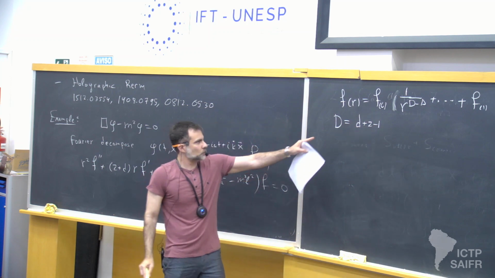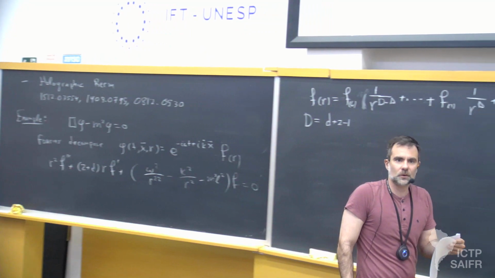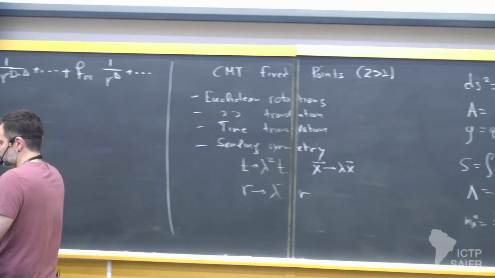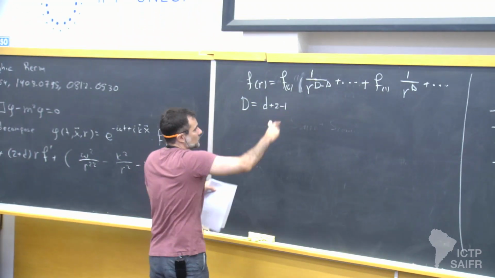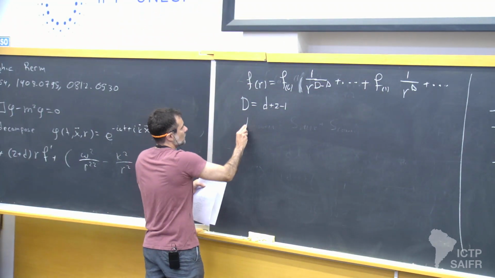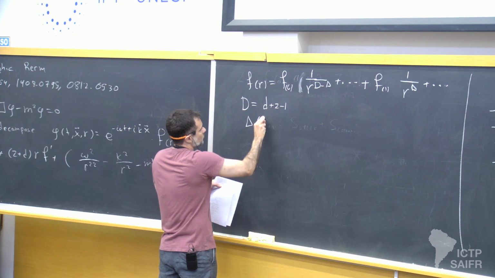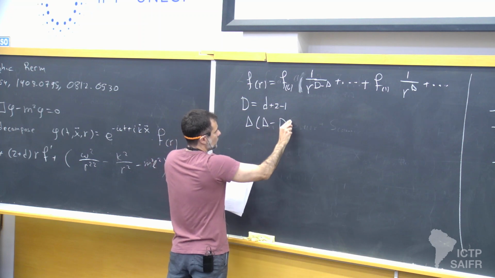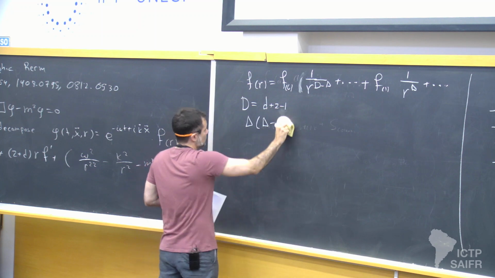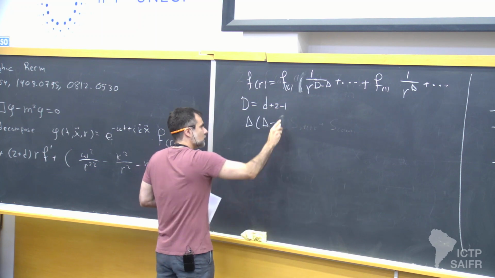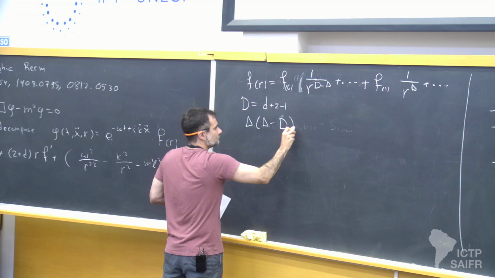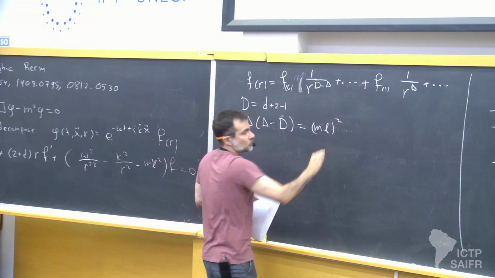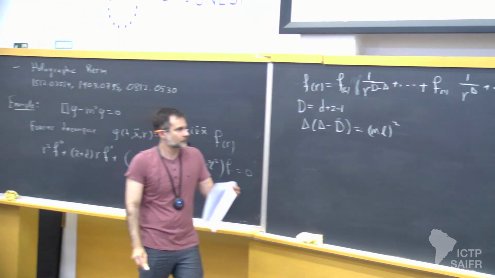So for z equals 1, this is exactly the dimensionality of your dual field theory. In this case, I have to define something slightly different. And this scaling dimension delta would be very similar to what you could write for AdS. Sorry, my delta and my D look very similar. That should be equal to m squared.